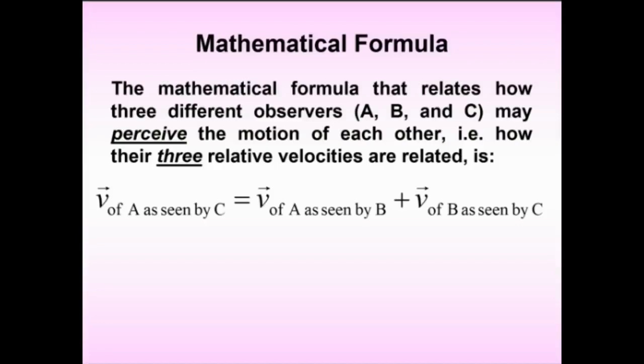By the way, did I have to choose A and C on this side? No, I could have chosen A and C, C and A, A and B, B and A, B and C, C and B. I just chose A and C. Why? Because I like it to read A, B, C here. That's all. So V of A as seen by C is V of A as seen by the invisible B, and then B connects again to C.